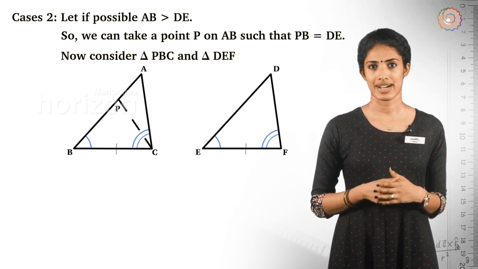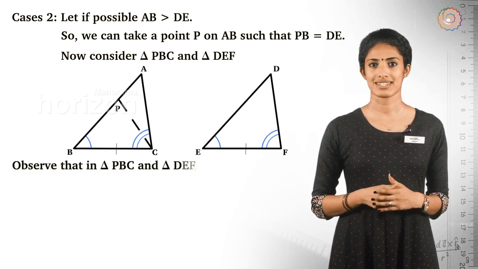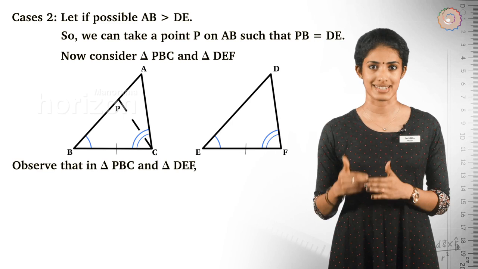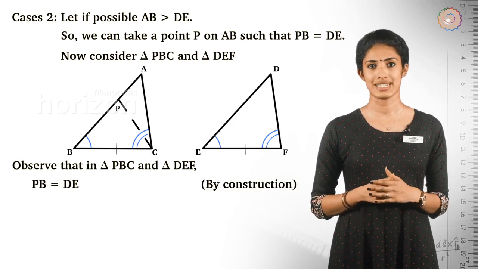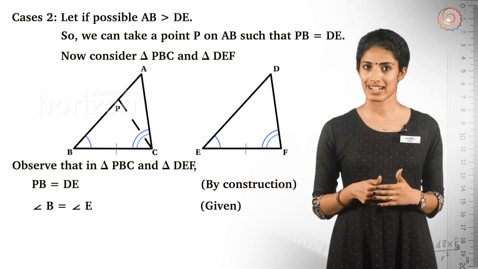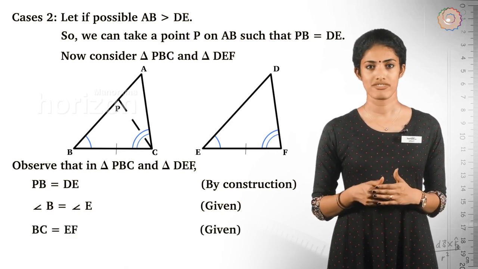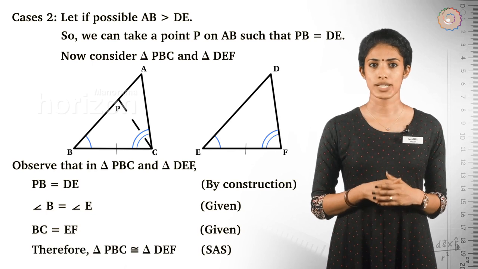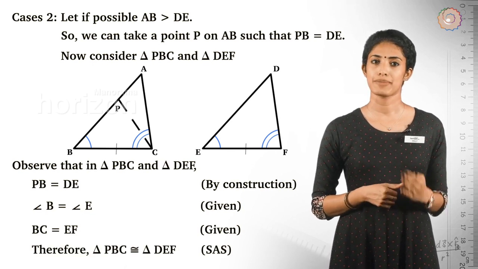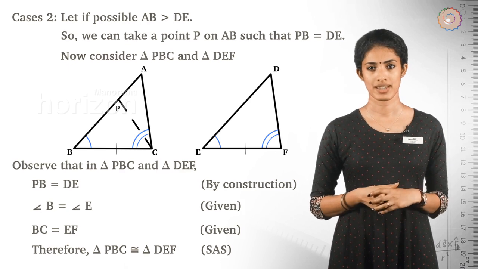Now, consider triangle PBC and triangle DEF. Observe that in triangle PBC and triangle DEF, PB is equal to DE by construction. Angle B is equal to angle E, which is given, and BC is equal to EF, which is also given. So, we can conclude that triangle PBC is congruent to triangle DEF by SAS rule.